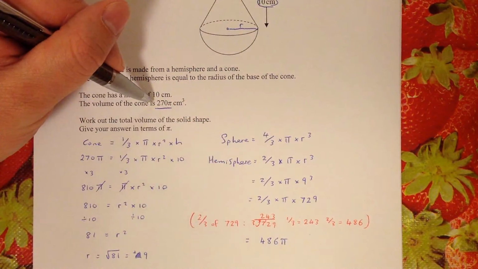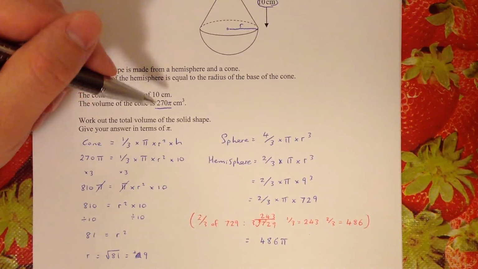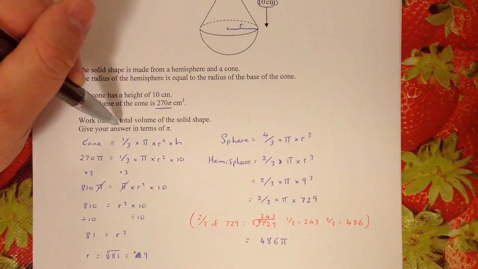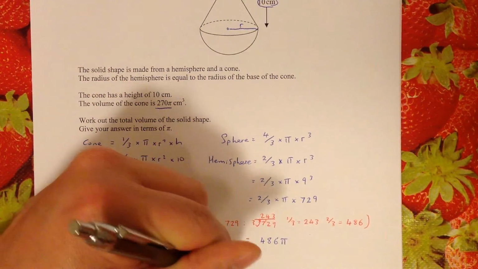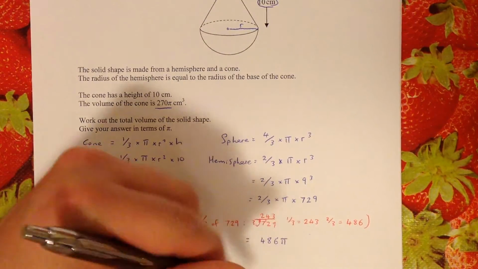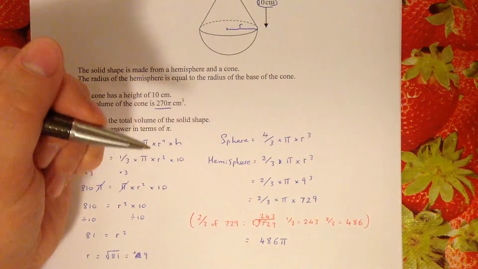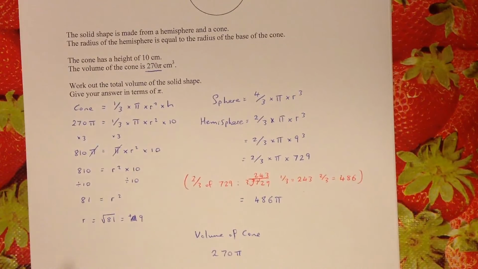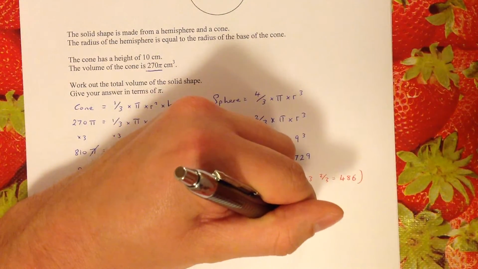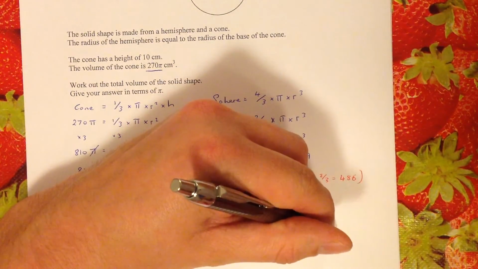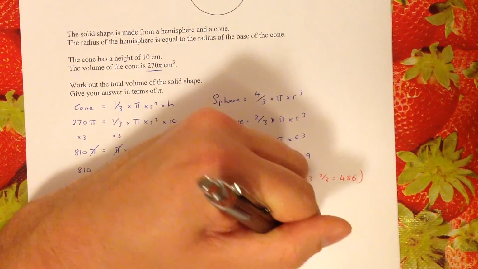Back in the original question we also had the volume of the cone in terms of pi, so my final piece of the work here is going to be to find the total volume. I'm going to add the volume of the cone, which is 270 pi, with the volume we've now calculated for the hemisphere, which is 486 pi.